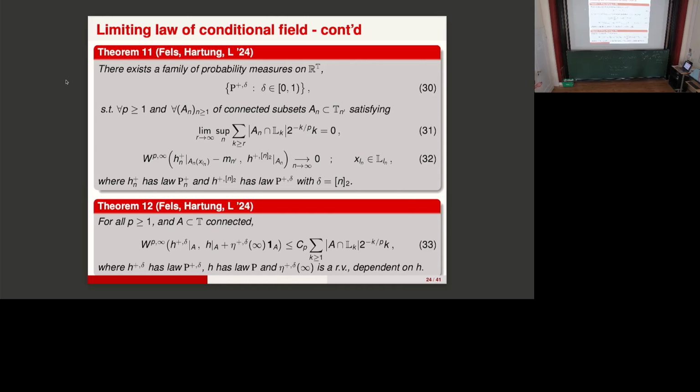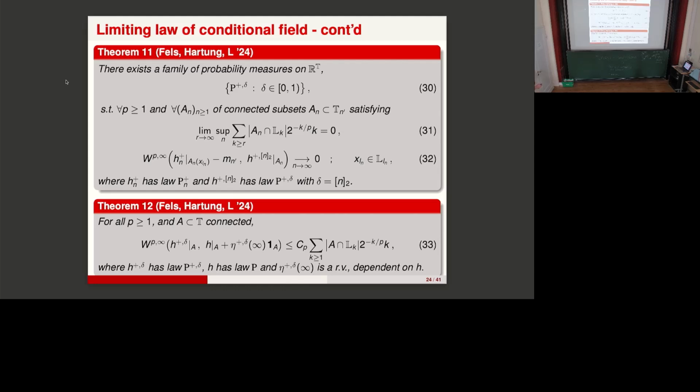And okay, what is delta? Well, delta is again the log mod of n. Okay, so the field after centering has this law, but delta may fluctuate and will depend on the mod log of n.